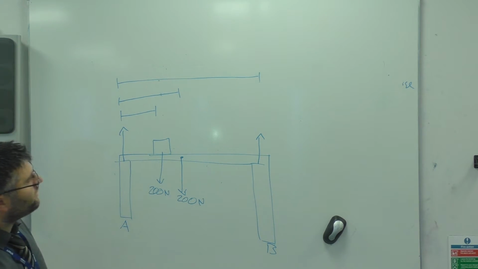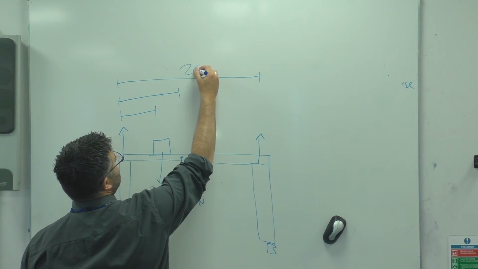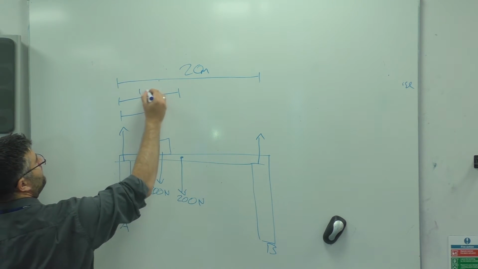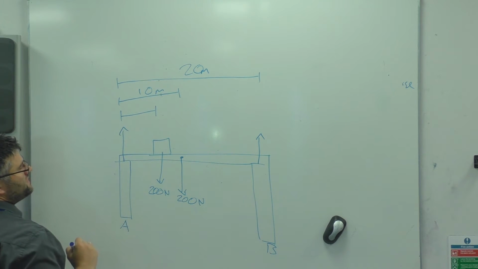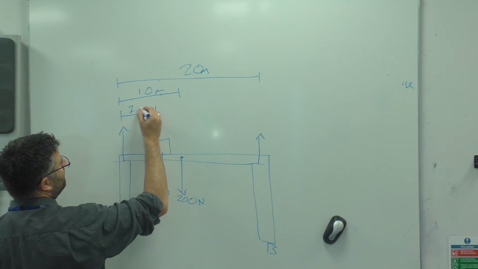Lovely. Okay, so we're saying that the beam is about 20 metres long. To the centre of gravity of the beam, 10 metres. To the box, 7.5.